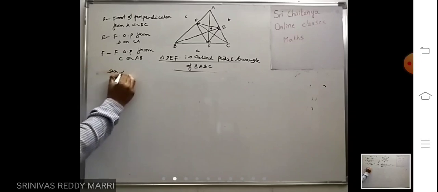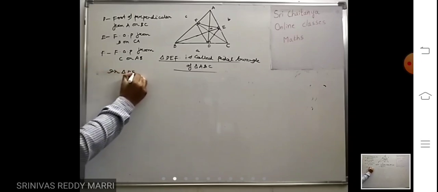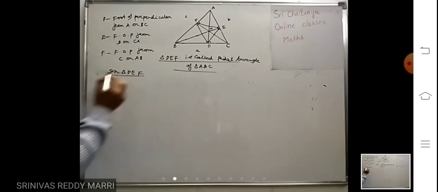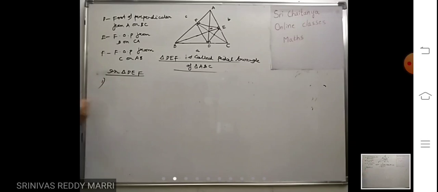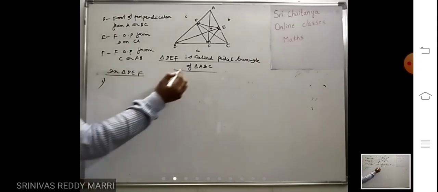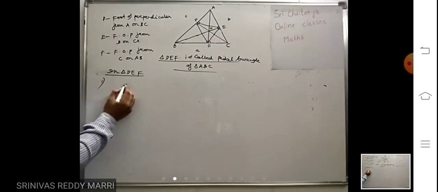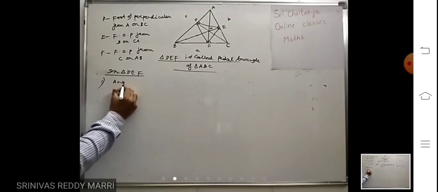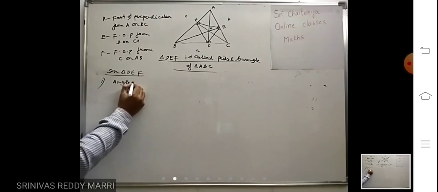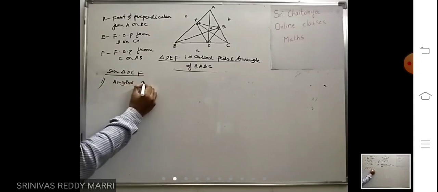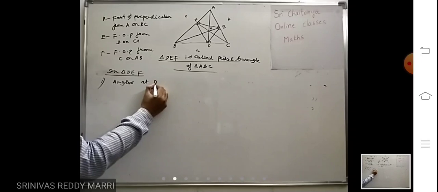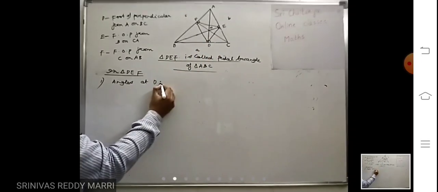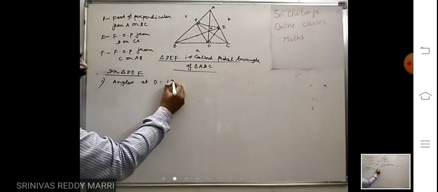In triangle DEF, number 1. So look at this angle. Angles at D is 180 minus 2A.